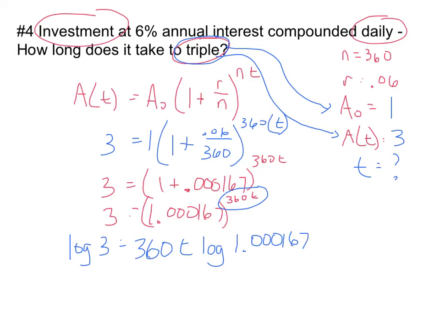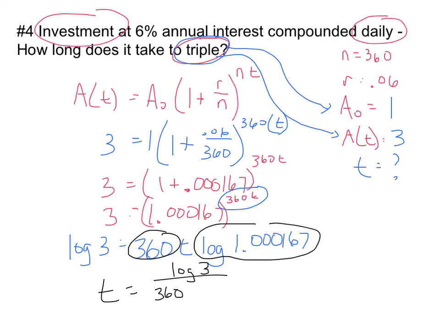So t is equal to, you have to take the log of 3 and divide it by what? Well, you have to first divide it by the 360, and you also must divide it by the log of 1.000167. You got to divide it by both, and that will give you your answer.